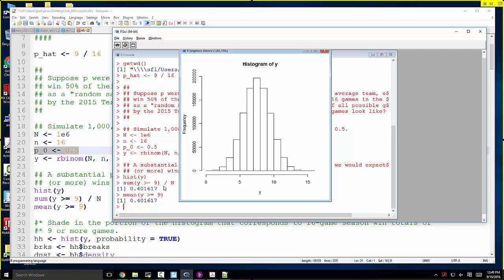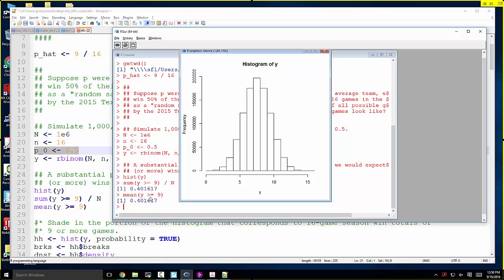So via an inductive line of reasoning, we would conclude that P equal 0.5 is a plausible choice. It's a plausible value for the true value of P. It is consistent with what we saw. It would not be unusual at all to see 9 or more wins out of 16 games if P is 0.5.